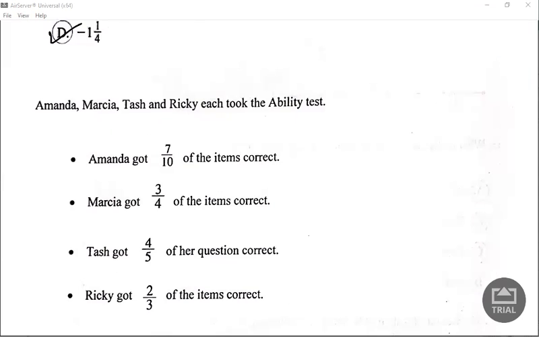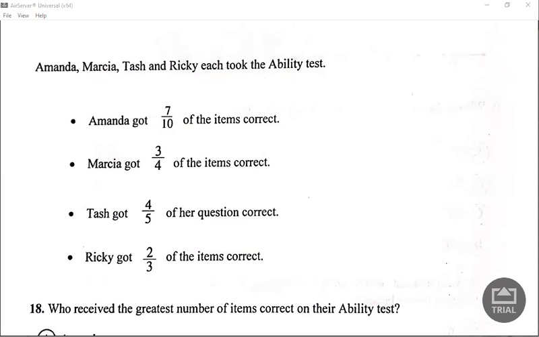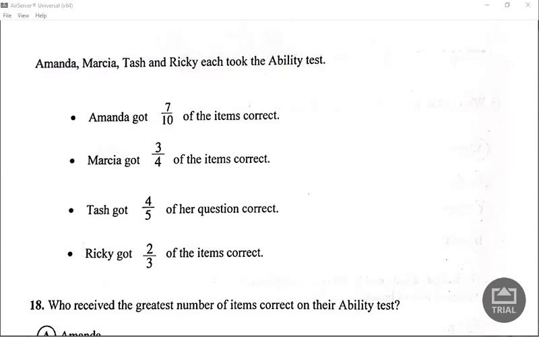Let's move on to 18. Amanda, Marcia, Tash, and Ricky each took the ability test. Amanda got 7 out of 10 of the items correct. Marcia got 3/4 of the items correct. Tash got 4/5 of her questions correct, while Ricky got 2/3 of the items correct. I'm just going to convert to percentage.